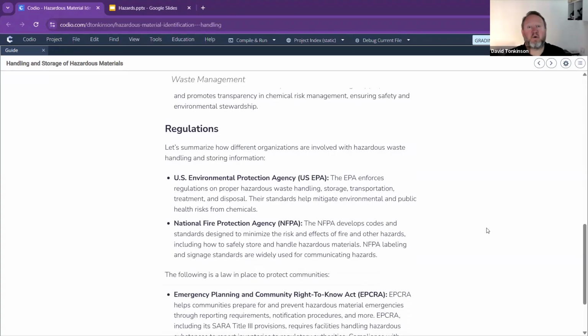Now, the regulation body then steps in and says, this is what you must and mustn't do with these items. So we have the Environmental Protection Agency, US Environmental Protection Agency, that enforces the regulations on proper hazardous waste handling. These guys are going to enforce all those regulations that you should be aware of.